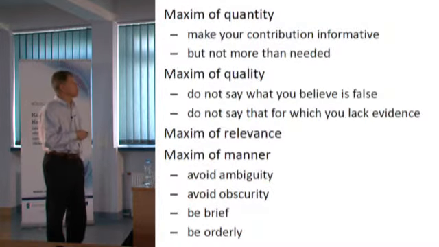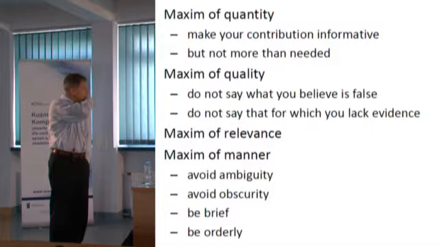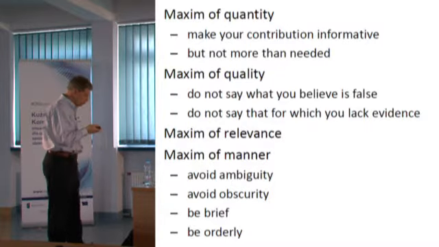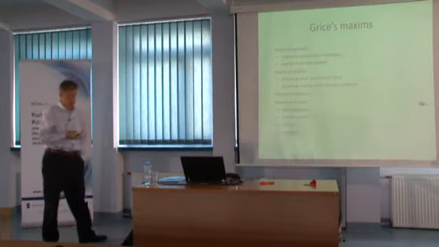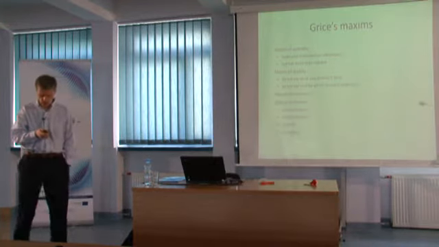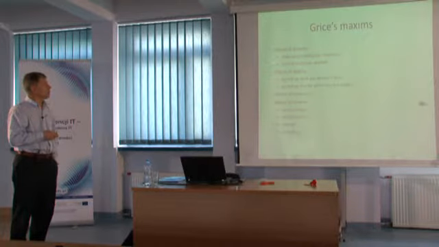The so-called Gricean maxims, or Grice maxims, deal with what makes a dialogue successful, what makes a conversation successful. And basically, there are certain rules which good dialogues adhere to.